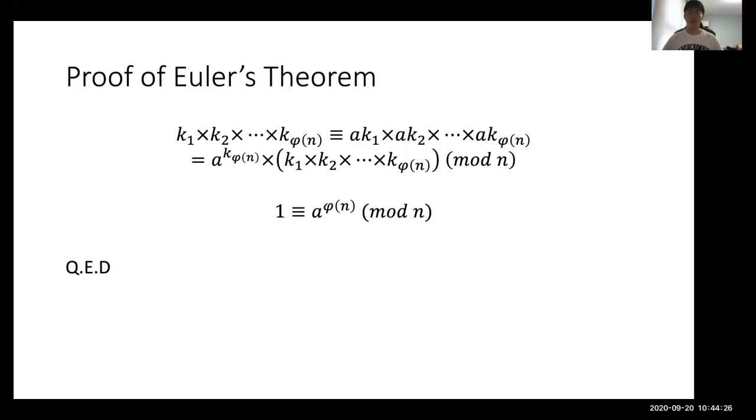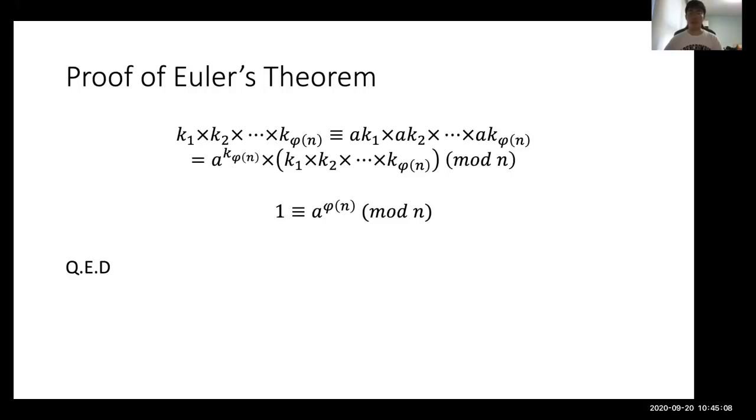So on the left-hand side, we have the product of all elements of the first set we have discussed. And then on the right-hand side, there are elements of the second reduced residue system. So if we take out all the a on the right-hand side, the notation is a little bit wrong, but it shows that a to the power of pi n times k1, k2 to k pi n is congruent to k1, k2 to k pi n in modulo n.